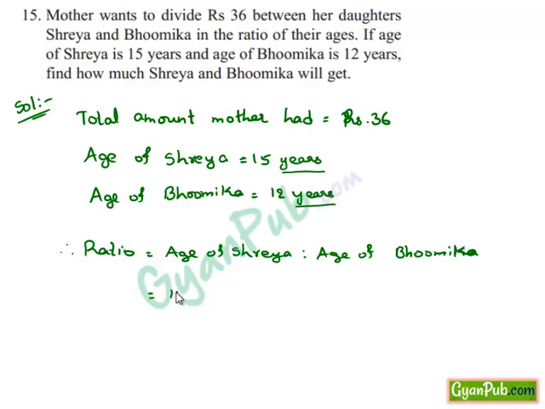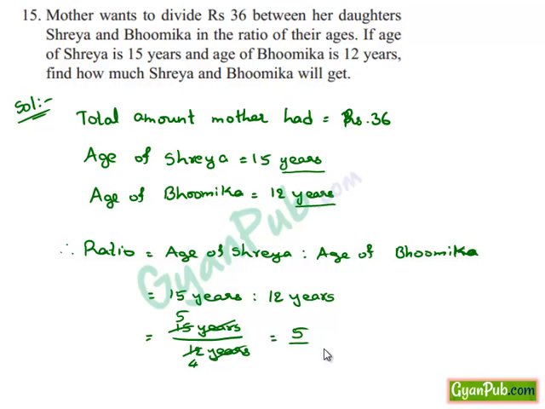This is equal to age of Shreya is 15 years is to age of Bhoomika is 12 years. This can also be written as 15 years upon 12 years. Here unit years gets cancelled on numerator and denominator, and we can observe that 15 and 12 are multiples of 3. So 3 goes in 15 by 5 times and in 12 by 4 times, which gives 5 upon 4. This implies the required ratio is 5:4.